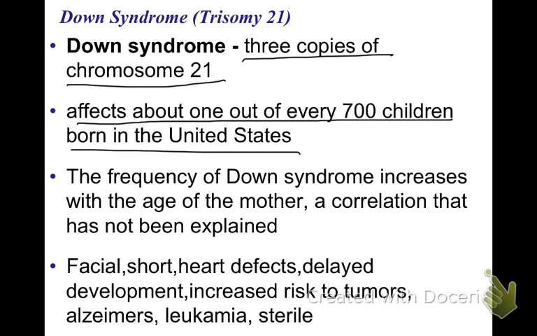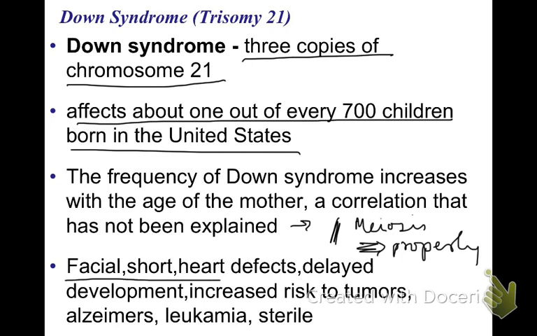So the older the mother, the increased frequency of the baby having Down syndrome, and it's kind of connected to meiosis not taking place properly.